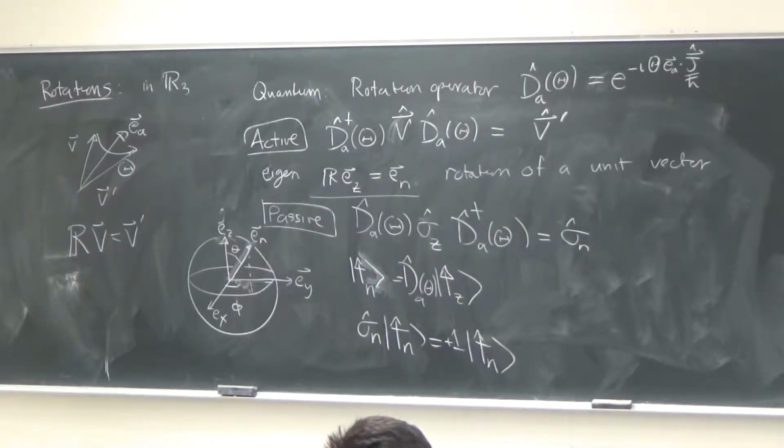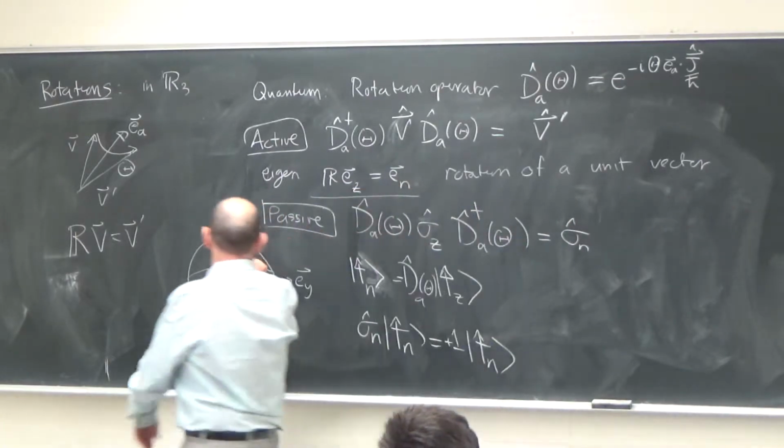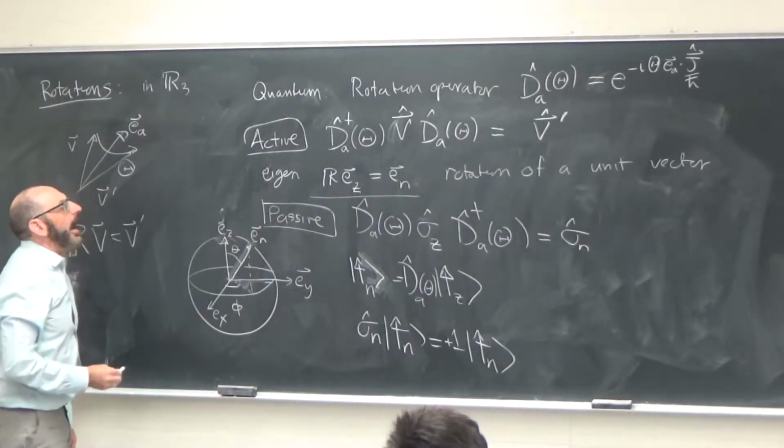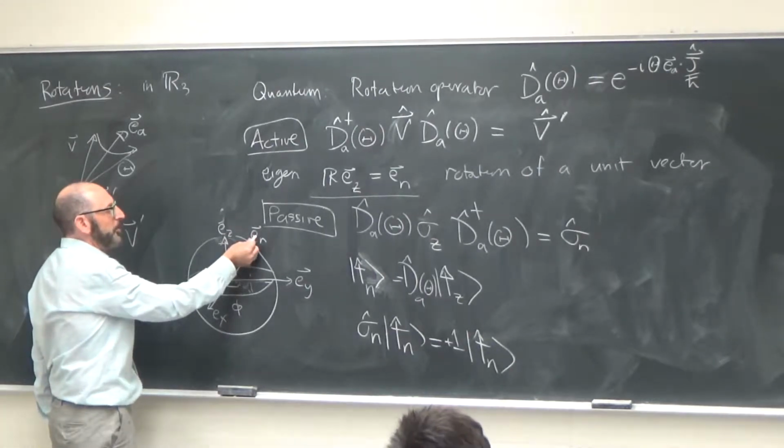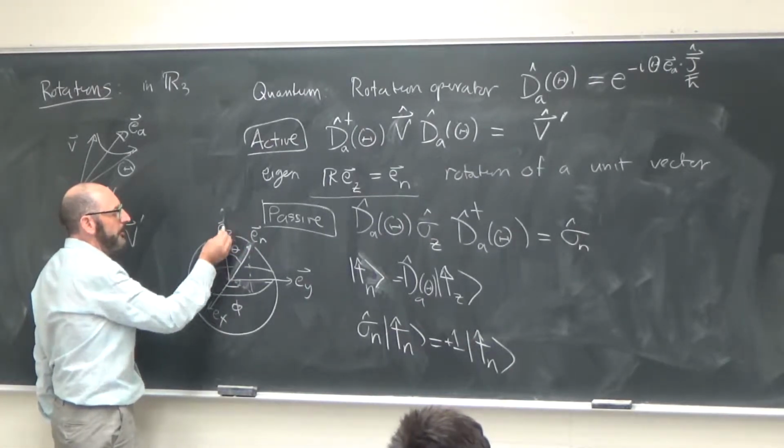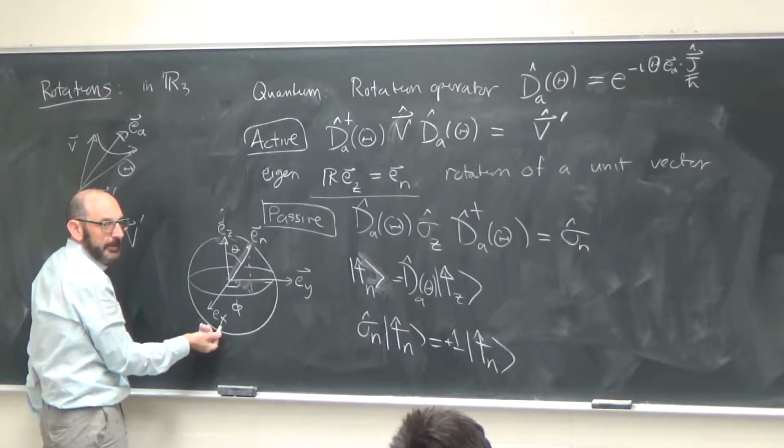So, what we were discussing at the end of the last lecture is how we can use this to write spin up along this direction as a quantum superposition of spin up along z and spin down along z.